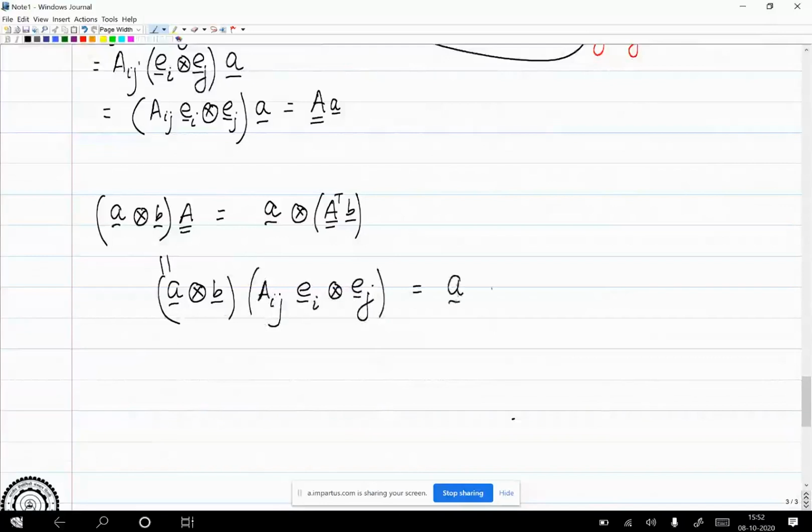It is simply A, and then you have inside the bracket Aij B dot Ei, and then you have tensor product Ej. Isn't it? Because the inner ones have to be dotted, and they're B dot Ei.